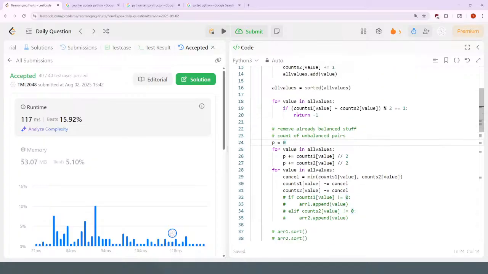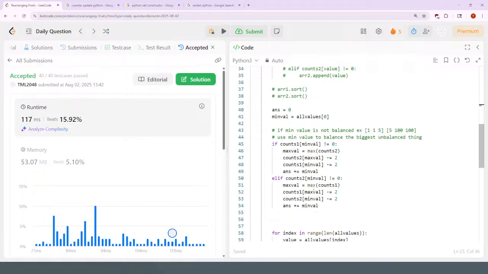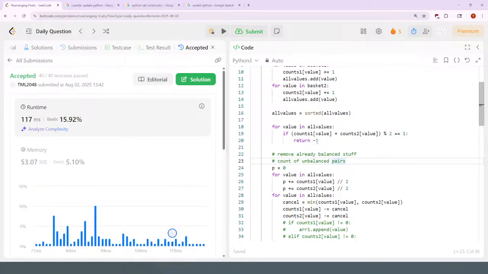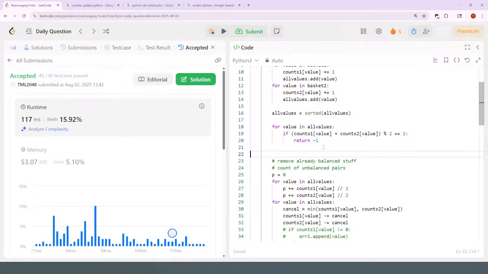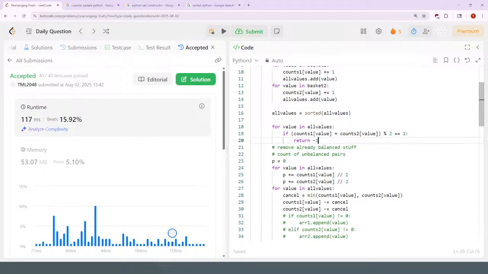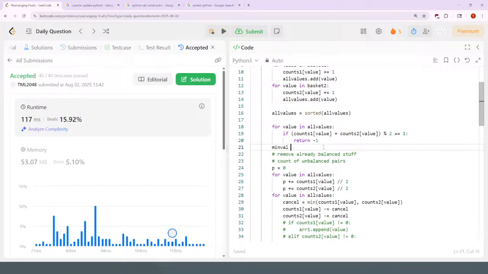Okay, I think it's my favorite sort set. So the min value, yeah, min value is always the min value. Yeah, this is actually not necessary. I can just treat it as the smaller of the two swap pairs. Okay, so I'm going to say min value equals the min of all my values.